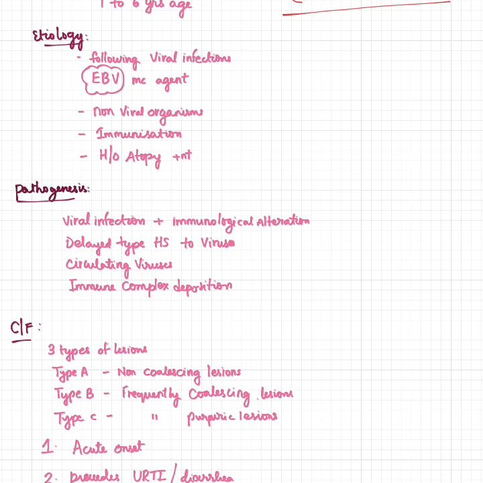Other viruses such as parvovirus, enterovirus, mumps virus, rotavirus, pox virus, HIV, and even the hepatitis group of viruses can also be associated. Certain non-viral organisms such as Mycoplasma pneumoniae, beta hemolytic streptococci, and Borrelia species can also be associated. It can also occur following immunization, and a history of atopy is frequently present in these cases.